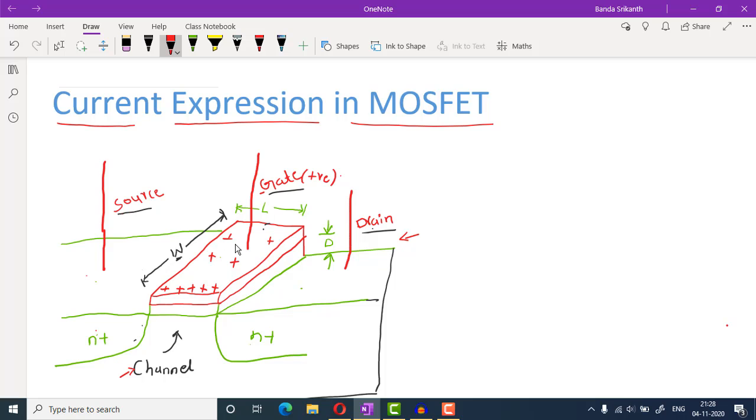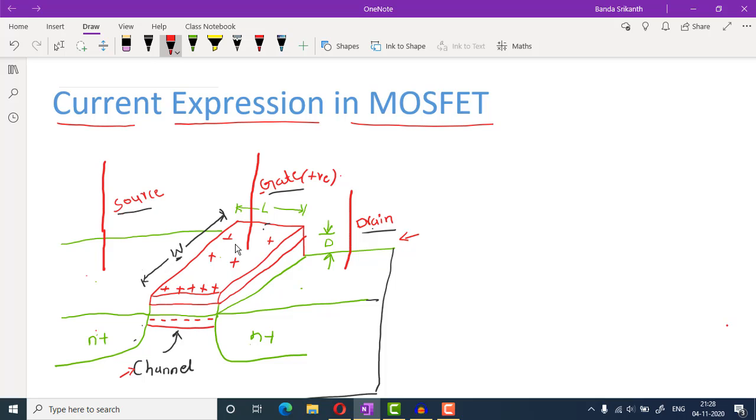Okay, so as a result, what happened? An equal amount of electrons will be attracted from the source terminal, from the drain, and also from the substrate. This is called the channel.